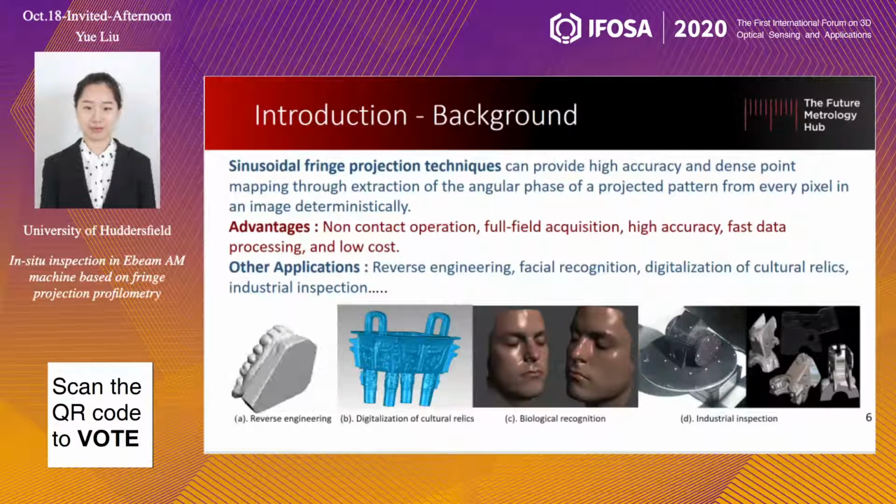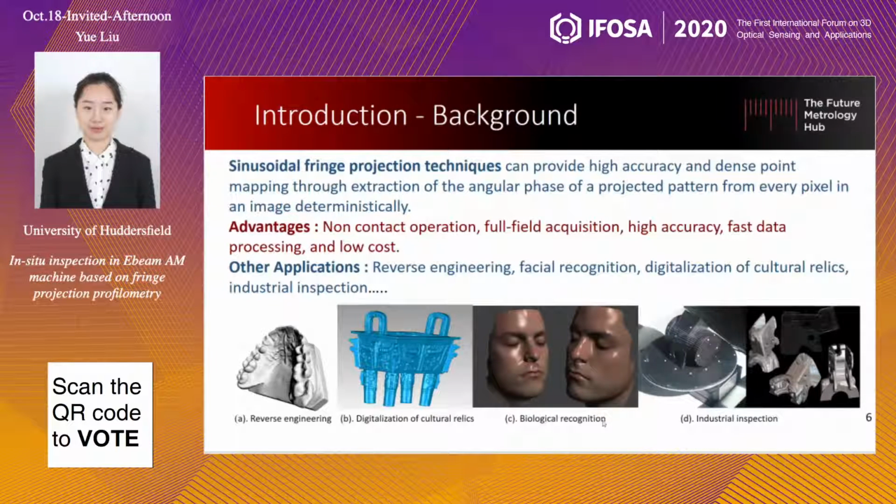So the measurement technique we settled on was sinusoidal fringe projection. This technique can provide high accuracy and high point mapping through extracting the angular phase of a projected pattern from every pixel in an image.